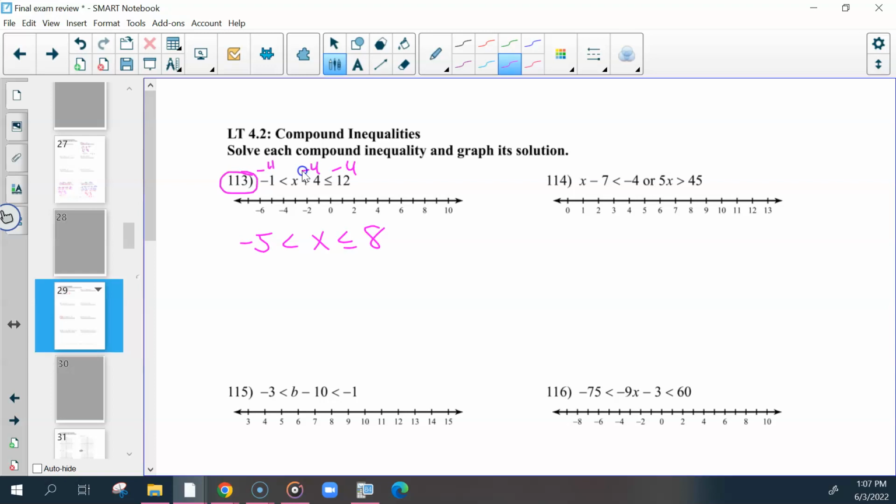This would be an open circle at negative 5, a closed circle at 8, with a line in between. Do we have any questions on that?